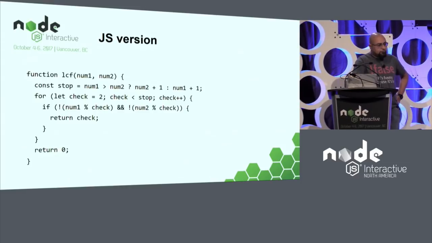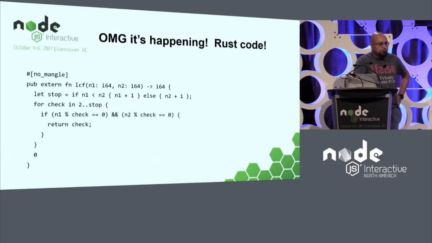So here's the JavaScript version of an LCF function. Takes two numbers, it figures out where to stop, and then it loops through and checks each one to see if they have a common factor, returns the one that, if it finds one, otherwise it returns 0. Here's the equivalent Rust version.